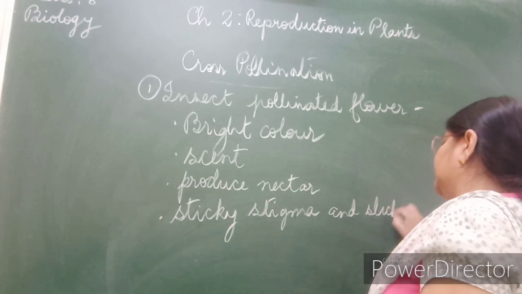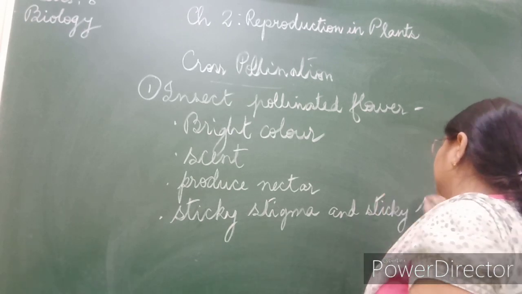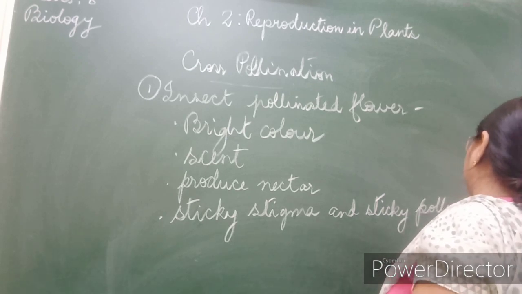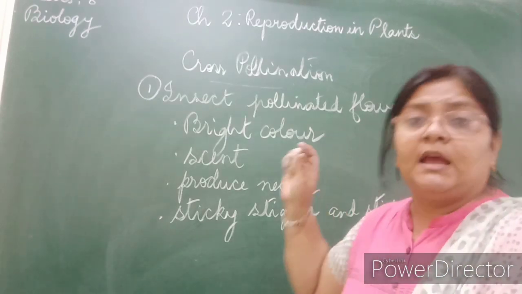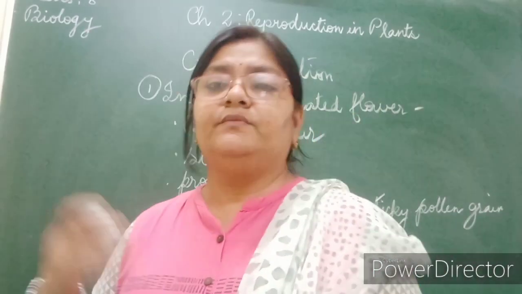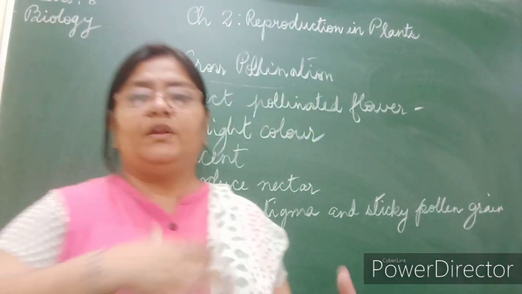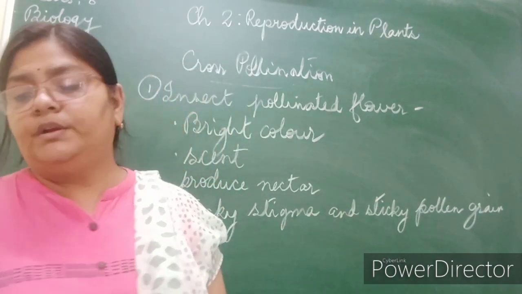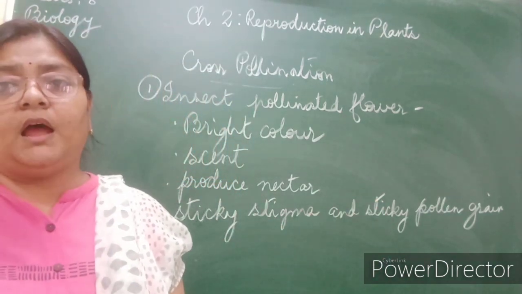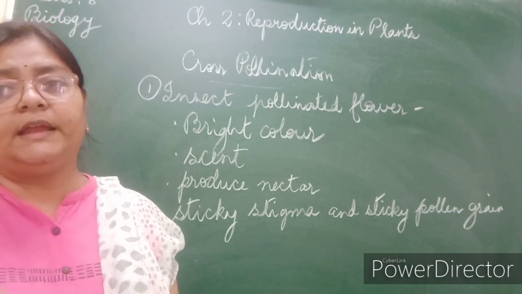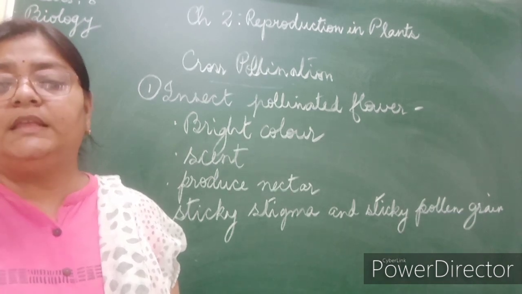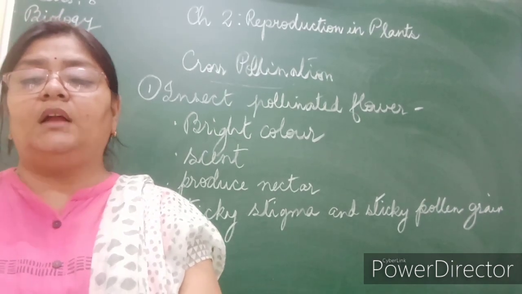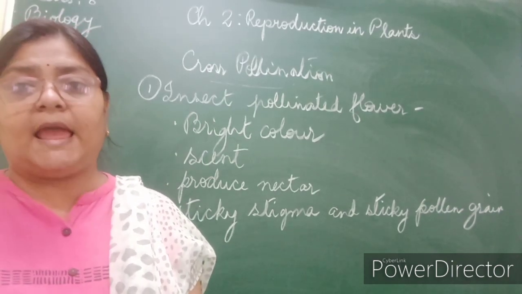Even the pollen grains are sticky, so that they attach themselves to the body of the insect and do not fall off while it is flying from one flower to another. So the sticky stigma and the sticky pollen grains help the flower in getting pollinated with the help of insects. Okay, now they also have very large and loosely attached anthers.